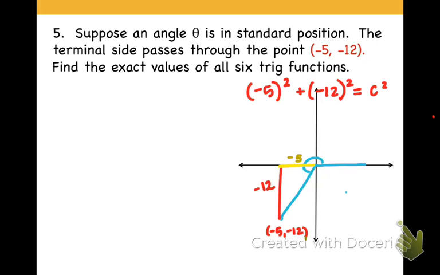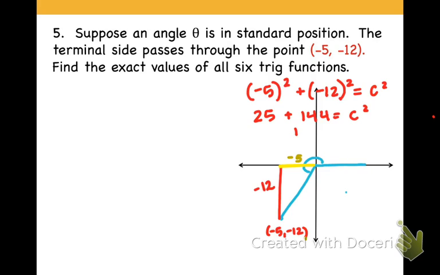So if the negative is in the parentheses, that means it's -5 times -5, which gives me positive 25. In your calculator, if you don't include those parentheses, it's going to square the 5, get 25, and then make it negative. The parentheses tell me I want to make it negative first and then do my squaring. So we want to make sure that both of those numbers, after we square them, are positive.